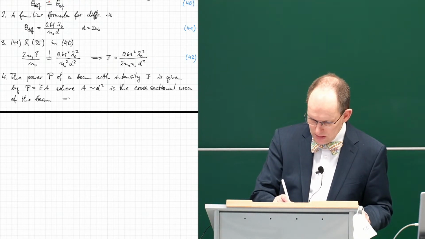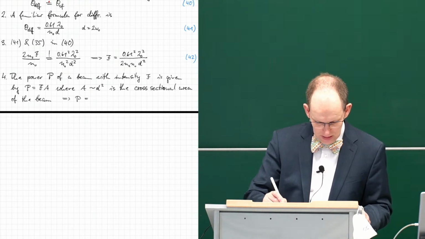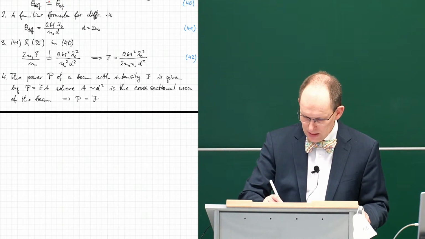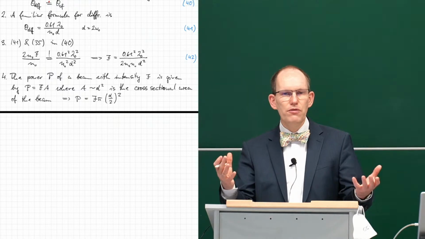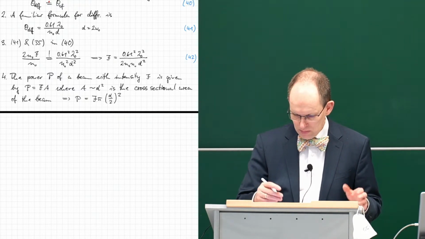Or in other words, P is equal to I times pi times (D over 2) squared if you have a uniform circular beam.